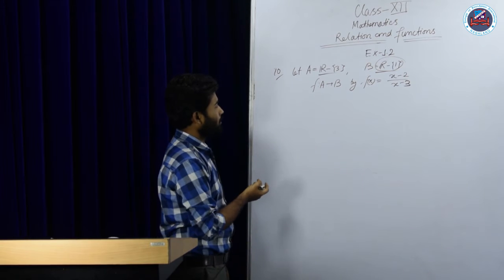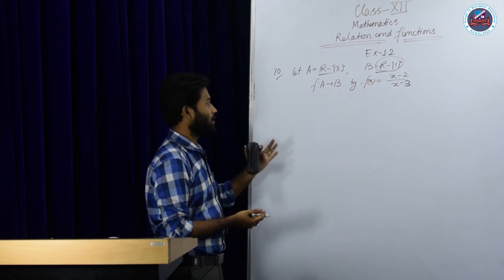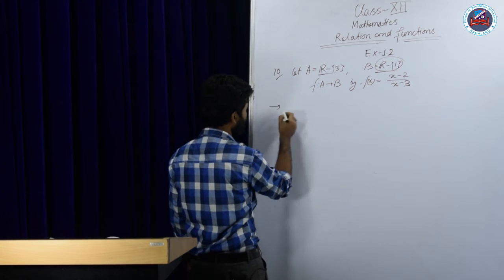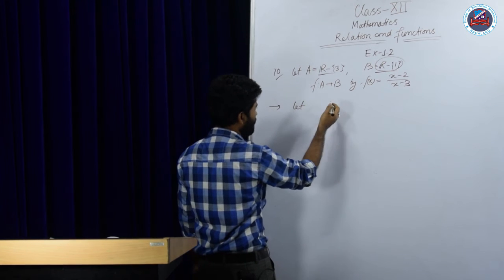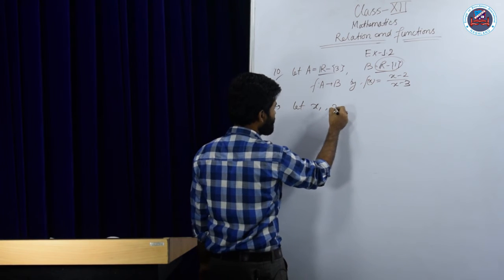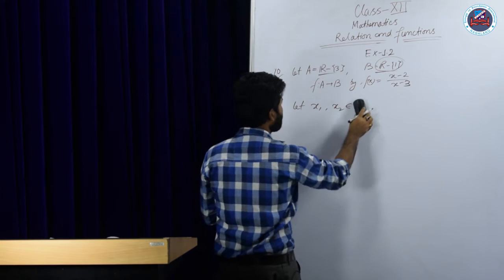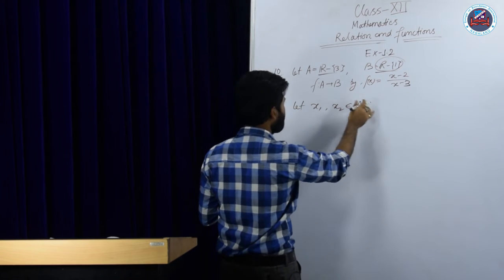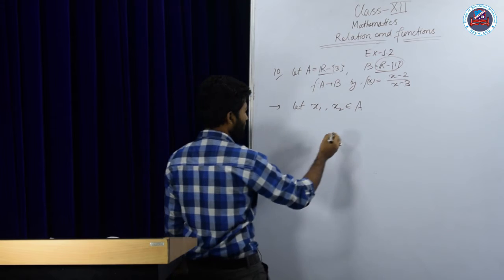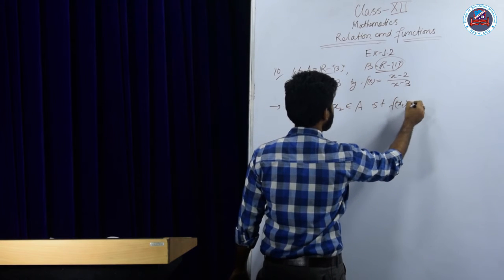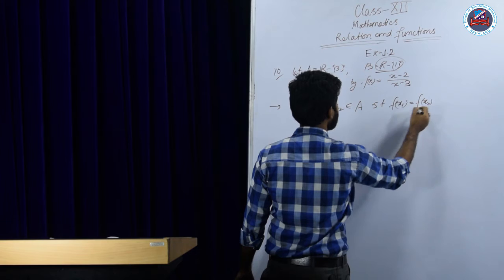Okay, so the question is that we have to justify whether it is 1-1 and onto or not. So let us see. For that, let us consider two numbers, x1 and x2 belonging to the domain. So here the domain is A, simply I can write A. A means R minus {3}. Such that f of x1 is equal to f of x2.